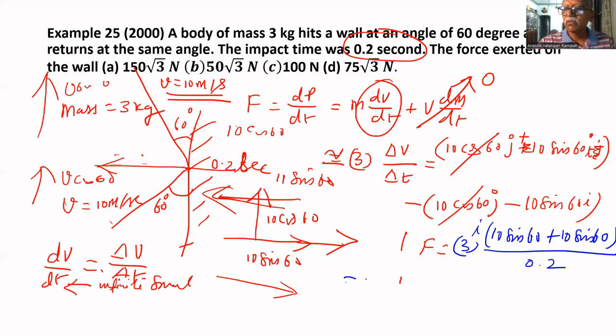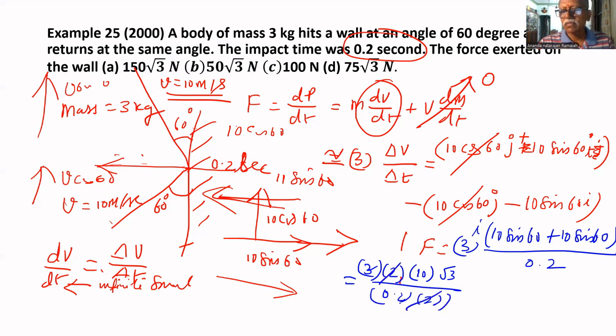Sin 60 equals root 3 by 2. Therefore 3 multiplied by 2 multiplied by 10 root 3 divided by 0.2 multiplied by 2.